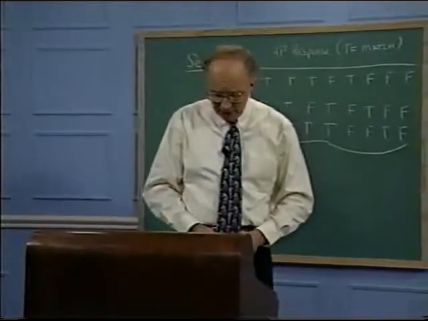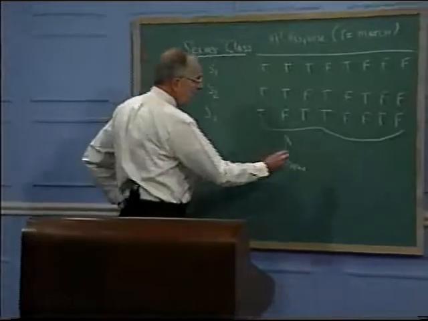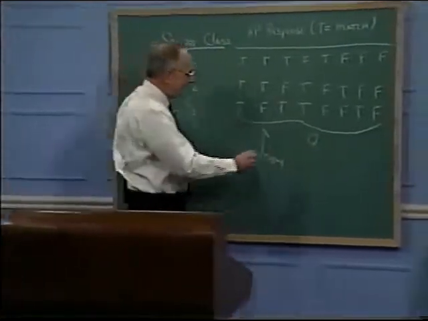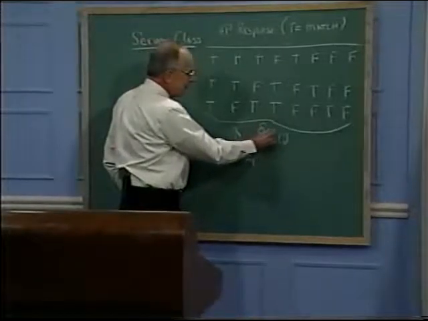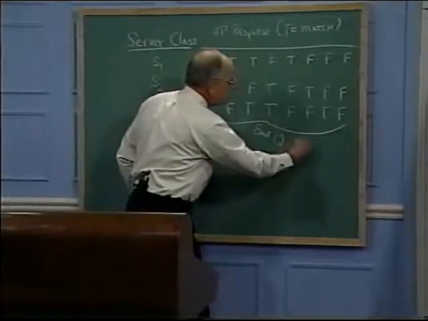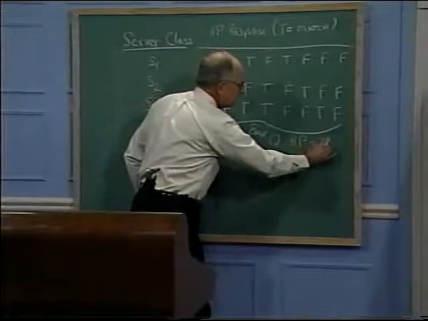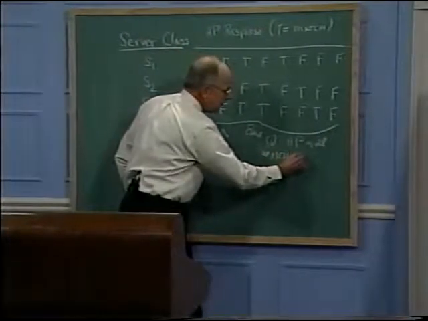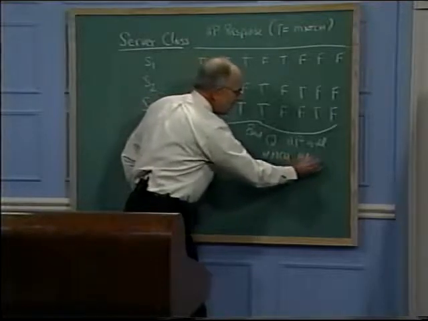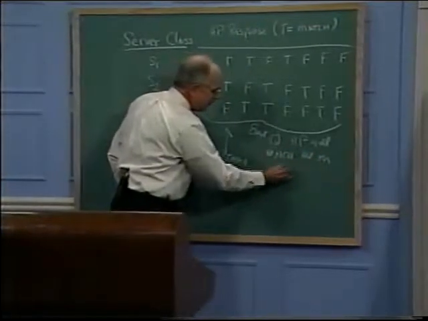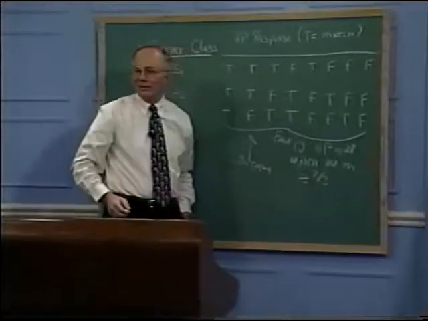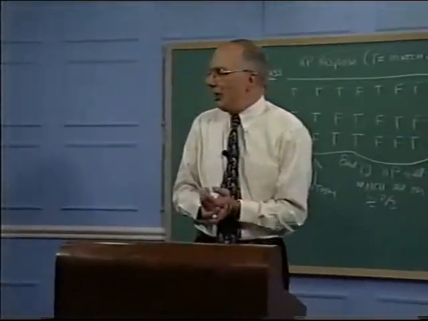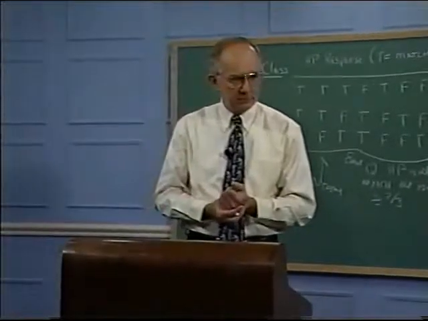Let's say an event that I define to be Q is that HP will match me on greater than or equal to 2/3 of my price cuts. In other words, they'll at least match me on 2. They might match me on 3.